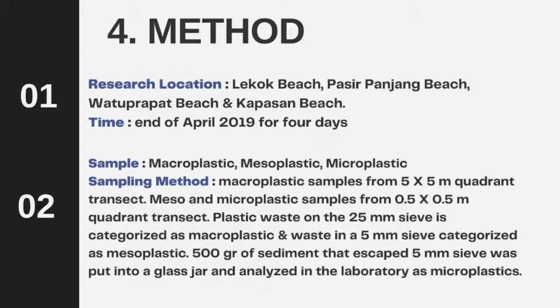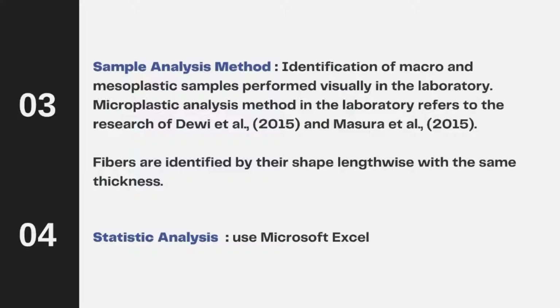Plastic waste on the 25 millimeter sieve is categorized as macroplastic, and waste on a 5 mm sieve is categorized as mesoplastic. 500 grams of sediment that escaped the 5 mm sieve was put into a glass jar and analyzed in the laboratory as microplastic.